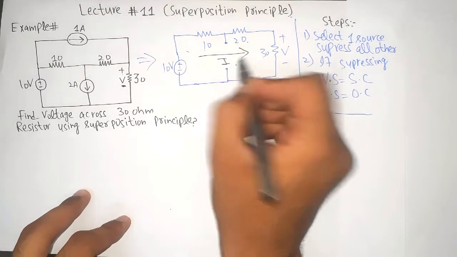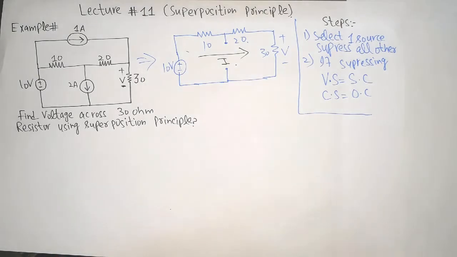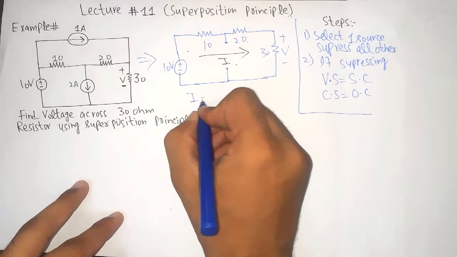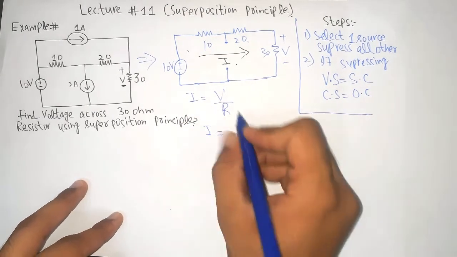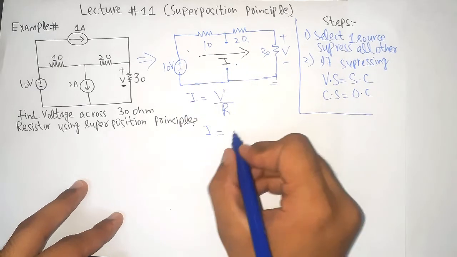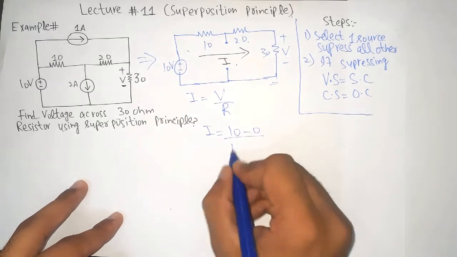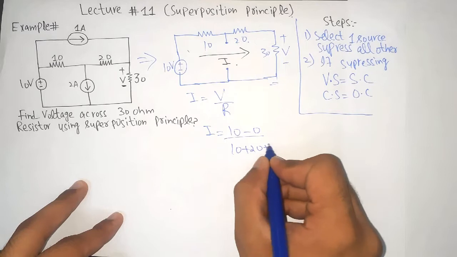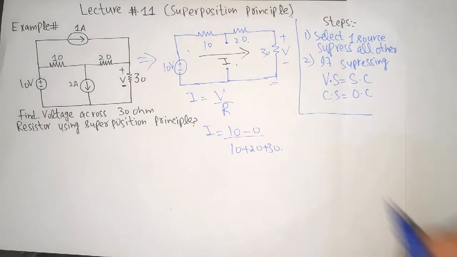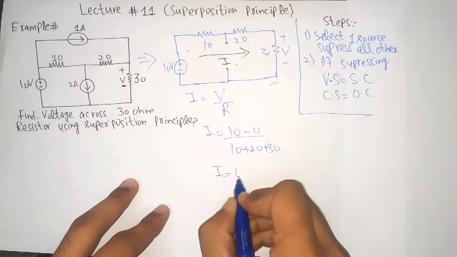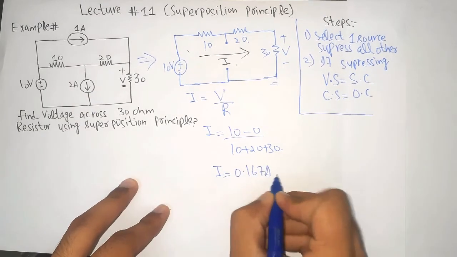These are connected in series, so current is the same across all the resistors. So I is equal to V divided by R. I will be equal to 10 minus 0 divided by 10 plus 20 plus 30. So I becomes 0.167 ampere.